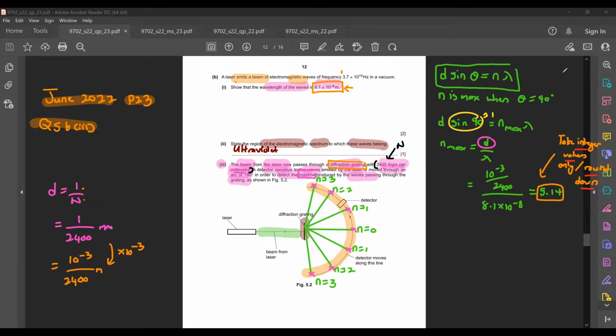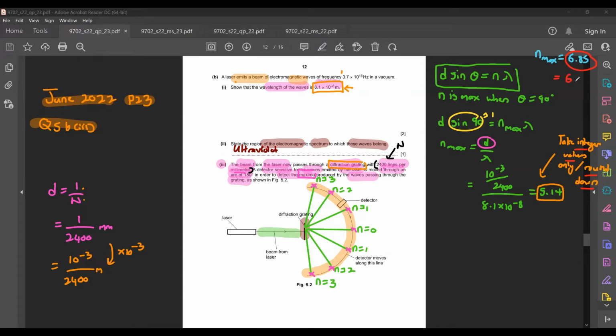Say, for example, your N max that you get is 6.85. In maths, we know that this one by right should be rounded up to 7, right? But when it comes to finding the maximum order number for diffraction grating, do not ever round up. Even if you were to get 6.85, you are supposed to always round it down.